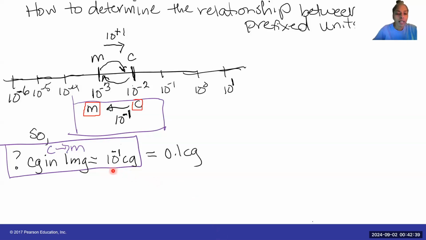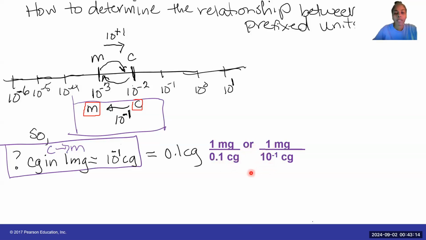So notice that if I have a negative superscript, I can write that in a decimal form, and there's a minus 1 here, then that means that there is 1 decimal place, which is equal to 0.1 centigrams.